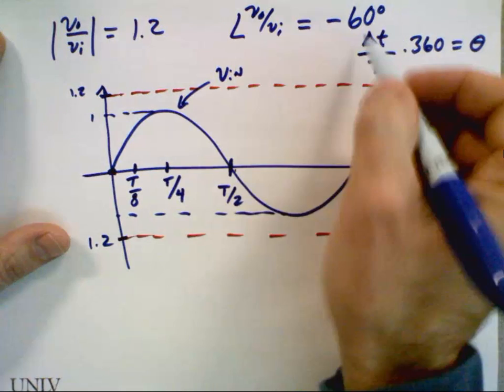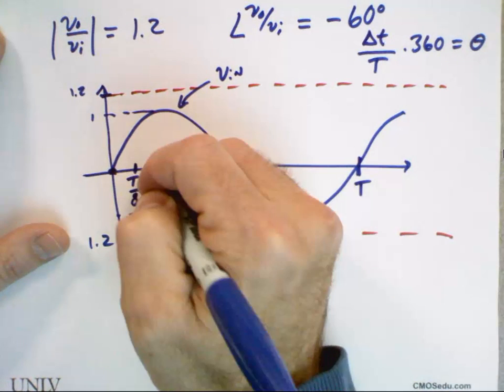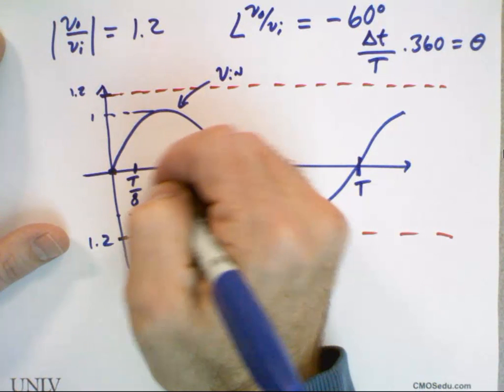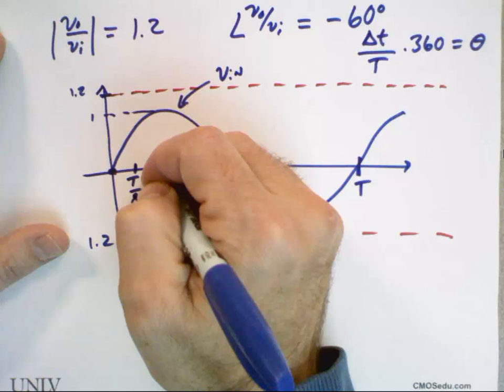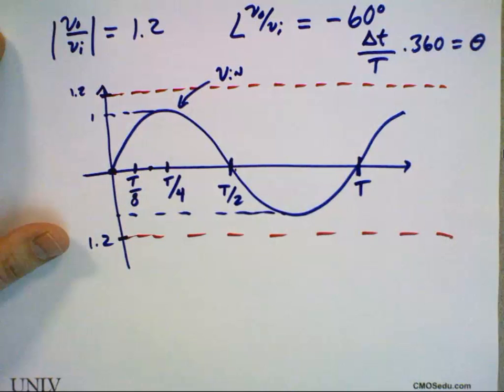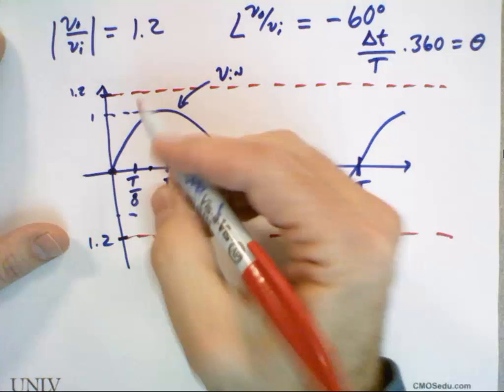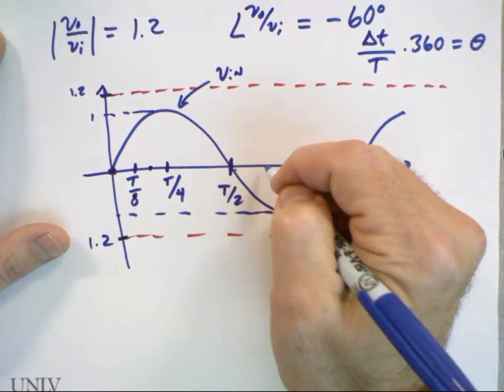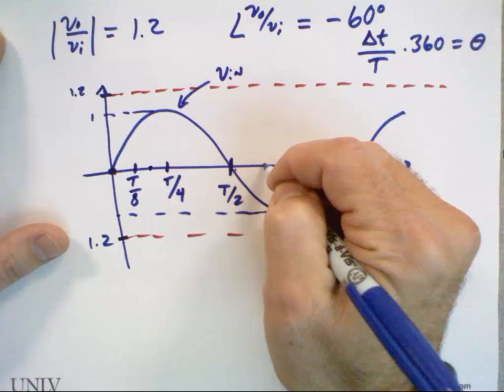So I got 60. That means my 0 point is going to be right about, let's see, 90. It's right in the middle, just about. Okay, right there. So I can go draw my sine wave now, and I need all the help I can get, handicaps.